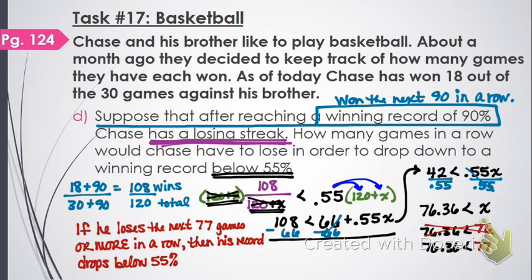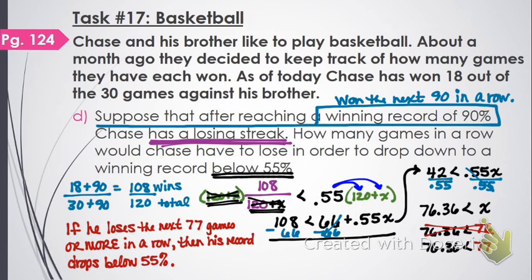So that's how I would write that out. If he loses the next 77 or more games in a row, then his record drops below 55%.